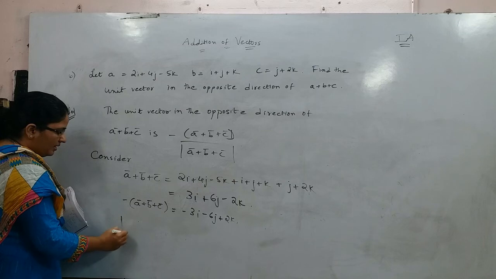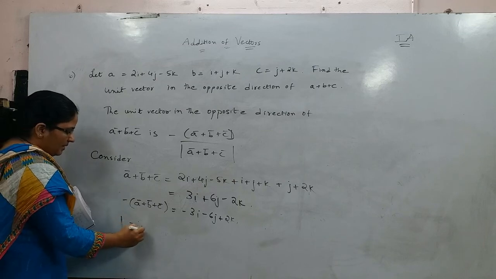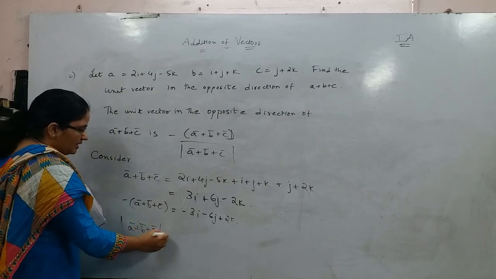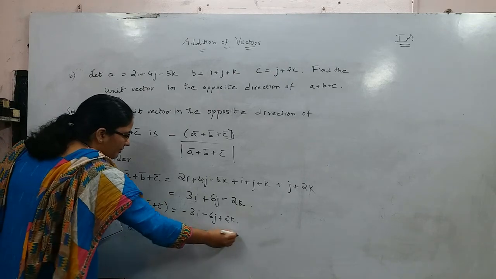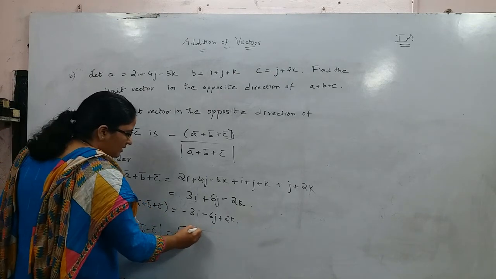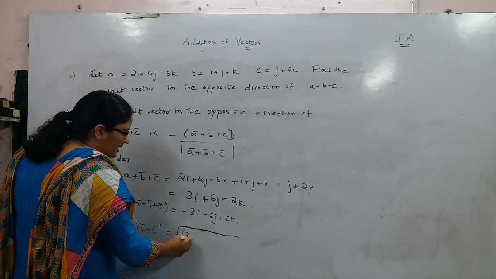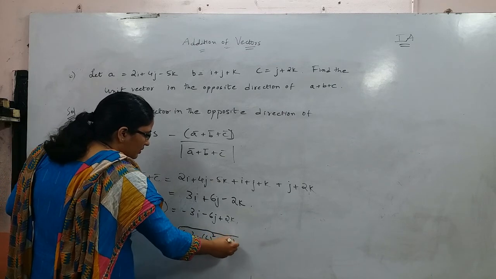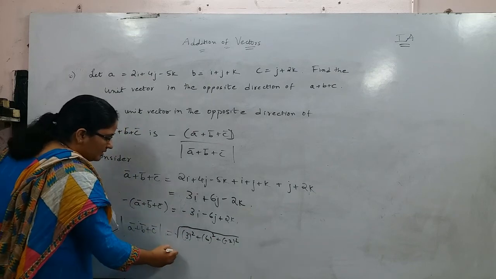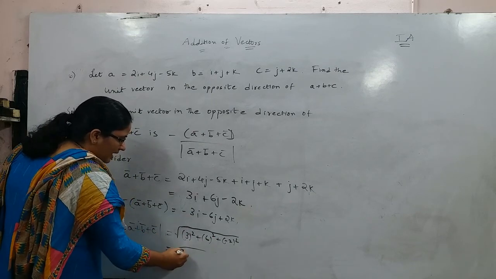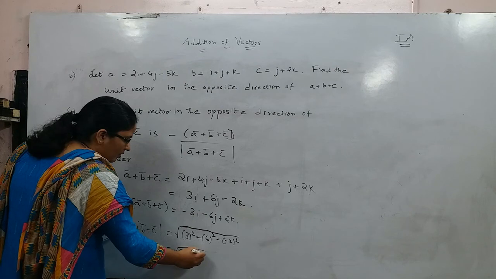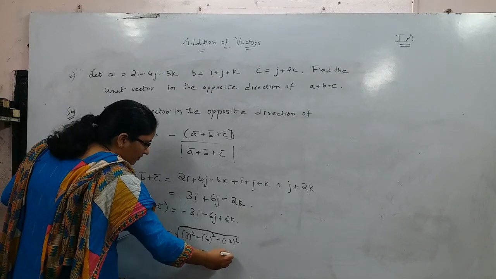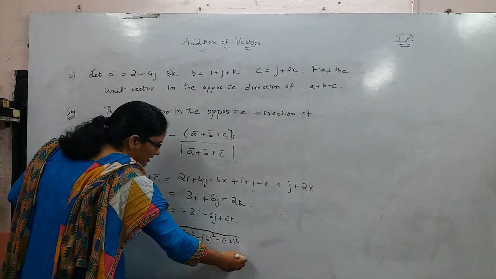Modulus of A bar plus B bar plus C bar is equal to under root of 3 square plus 6 square plus minus 2 square, that is root of 9 plus 36 plus 4 is equal to root 49, that is equal to 7.